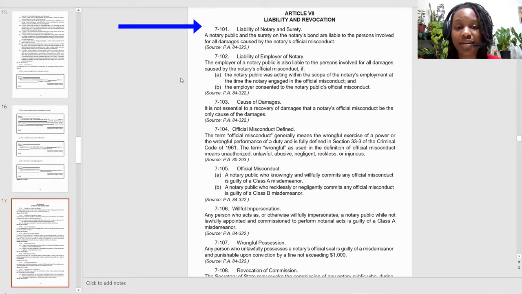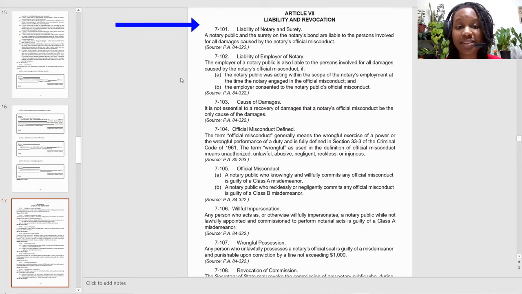Let's go over again. A notary public and the surety of the notary's bond. One of my surety companies is Western Surety. I'm covered by two different companies because I have my EO insurance from two different companies. Like I have $30,000 from one company, and then I have another amount from another company. But this is what your EO insurance covers.